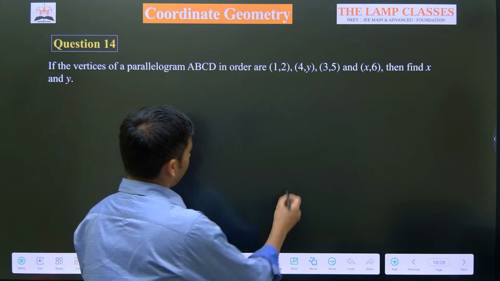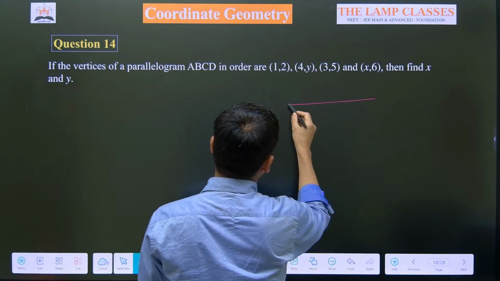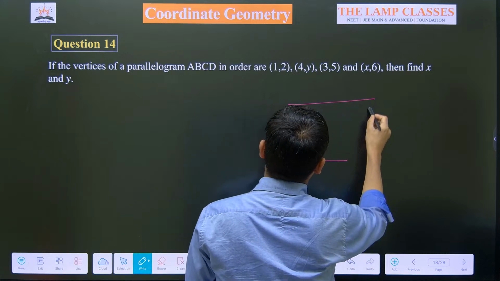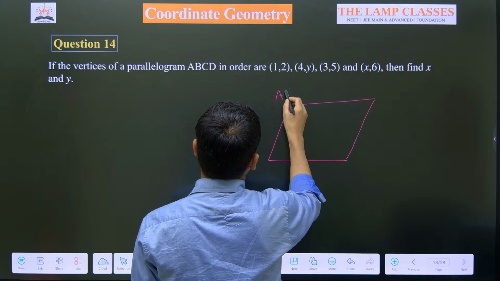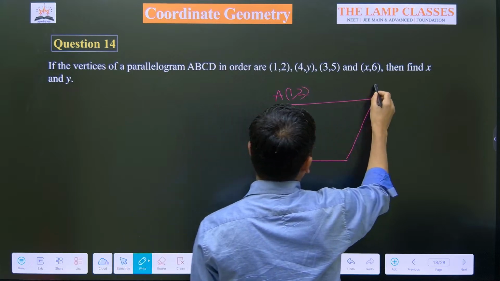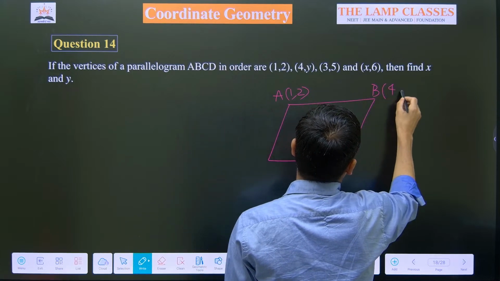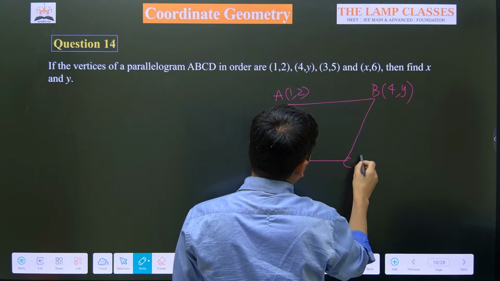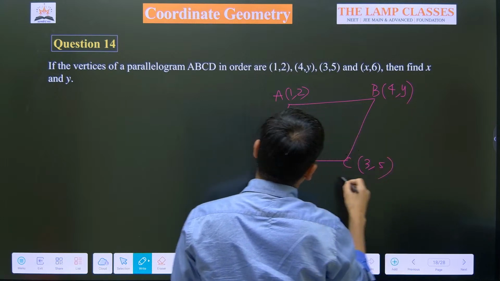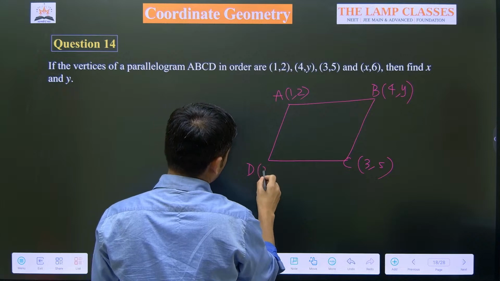So we can make a parallelogram and mark the points in order. So it is A (1,2), B (4,y), C (3,5), and D (x,6).